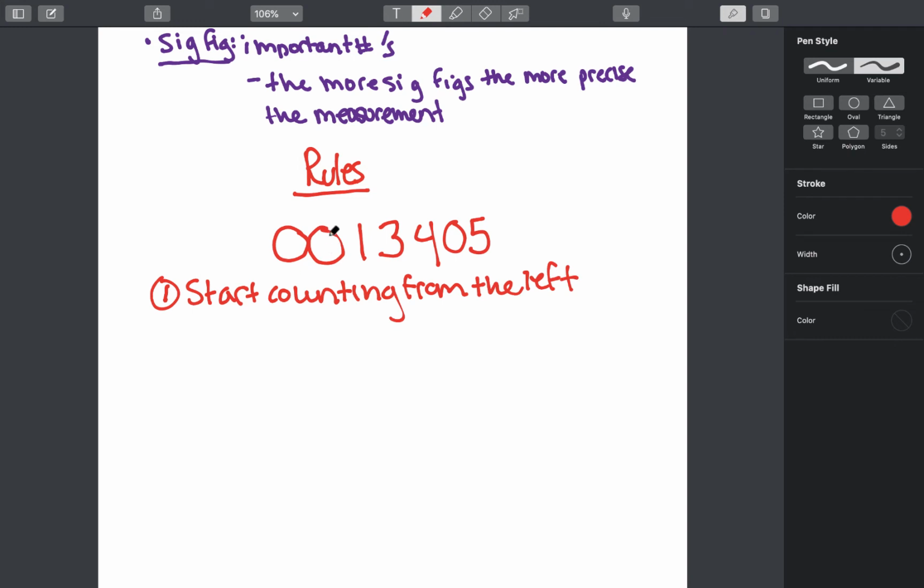So we'll start on this side. So we start around here. We'll start here. But we have to take some things into account here.